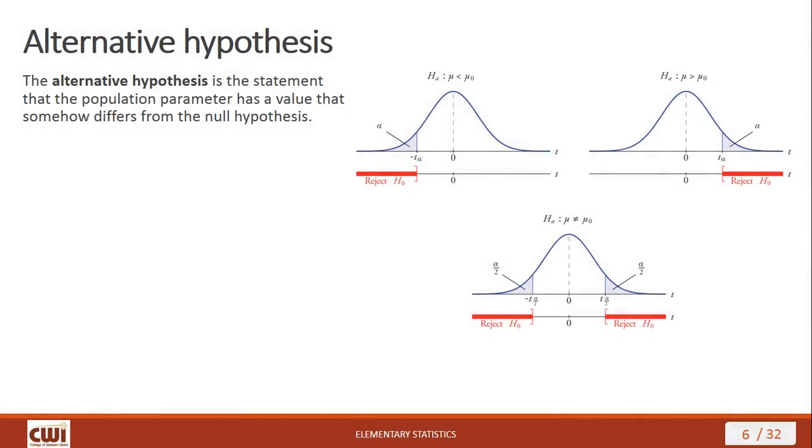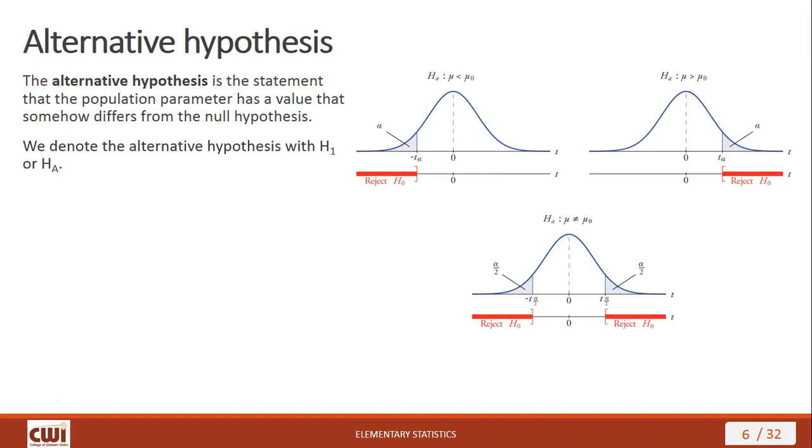Let's look now at the alternative hypothesis. This is a statement that the population parameter has a value that somehow differs from the null hypothesis. We're going to denote the alternative hypothesis with one of two symbols.